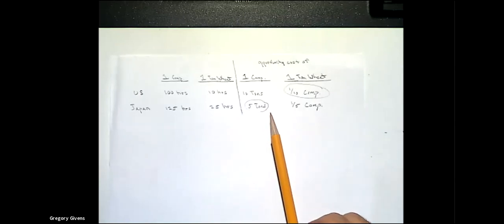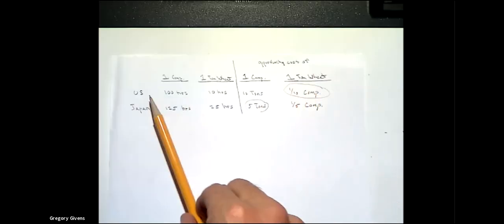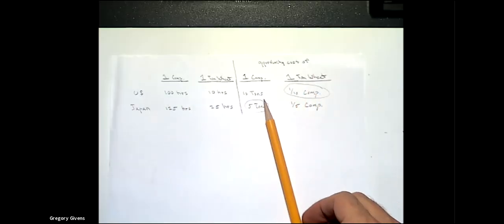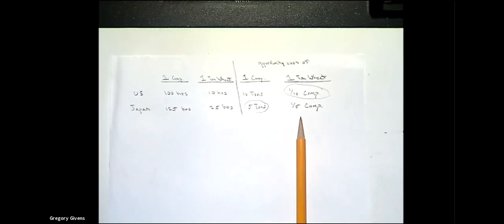We figured out that the opportunity cost of producing one computer for the US was 10 tons of wheat compared to 5 tons of wheat for Japan. By contrast, the opportunity cost of making 1 ton of wheat in the United States was only 1/10 of a computer compared to Japan's 1/5 of a computer.